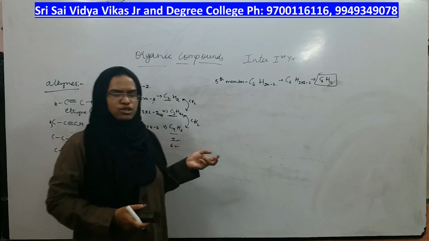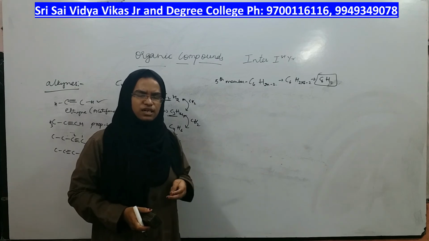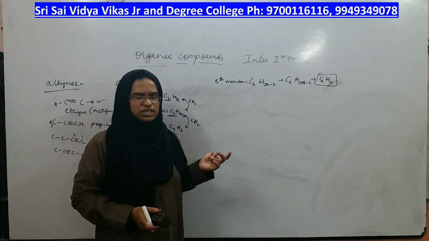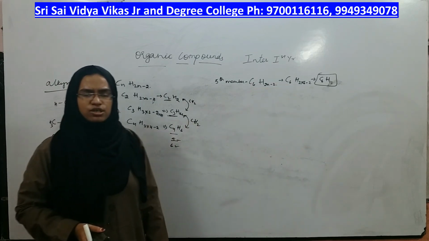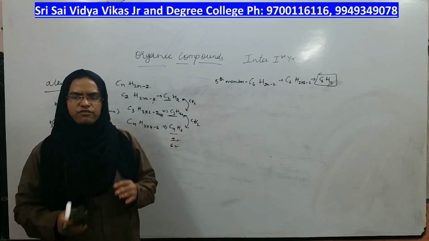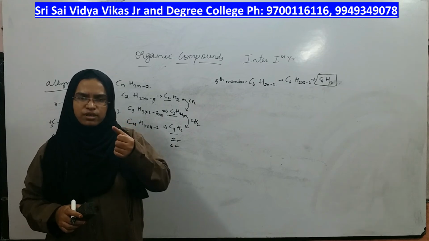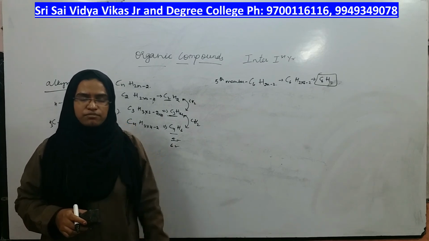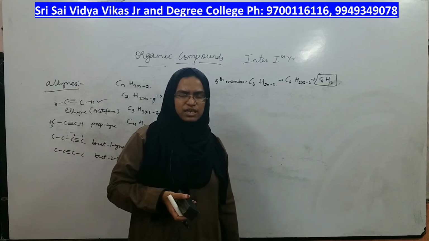Whenever any molecular formula is given and we are asked to write all the structural isomers, we should always start from the given molecular formula itself. If 6 carbons are given, let us directly start from the 6 carbon containing compound. Then reduce 1 carbon and go to 5 carbon containing compounds, then reduce 1 carbon and go to 4 carbon containing compounds.